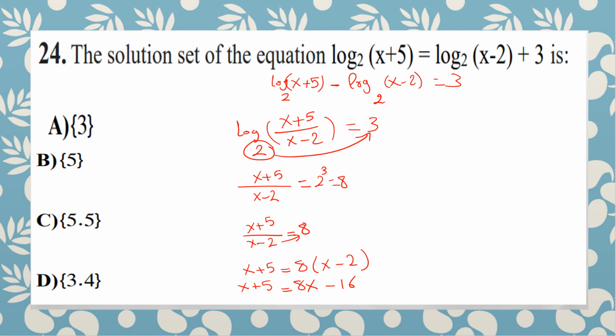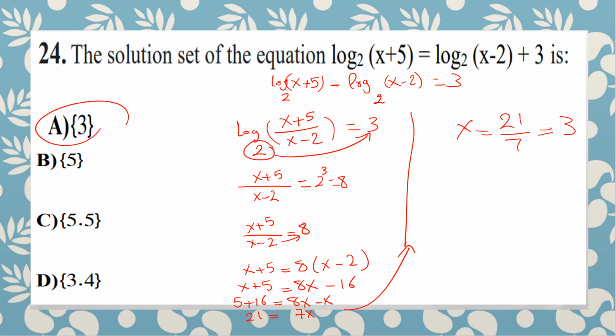By collecting the similar terms on the same side, we get 5 plus 16 equals 8x minus x. So 21 equals 7x, and x equals 21 over 7, which equals 3. So the correct answer is A.